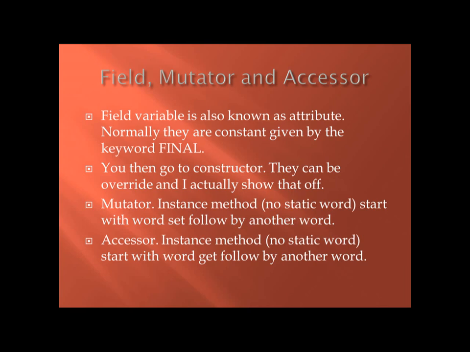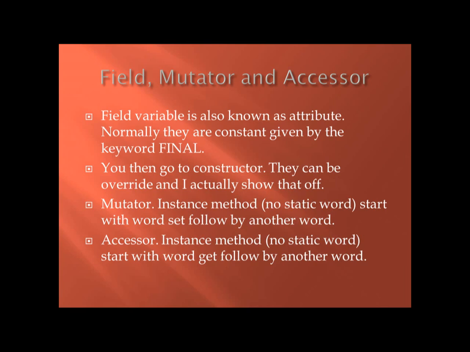You then go to the constructor. That can be overwritten, and I shall show that off. You can't override the methods. Constructor can be overwritten. Well, I think no, actually, I think you can. Okay, mutator is an instance method.